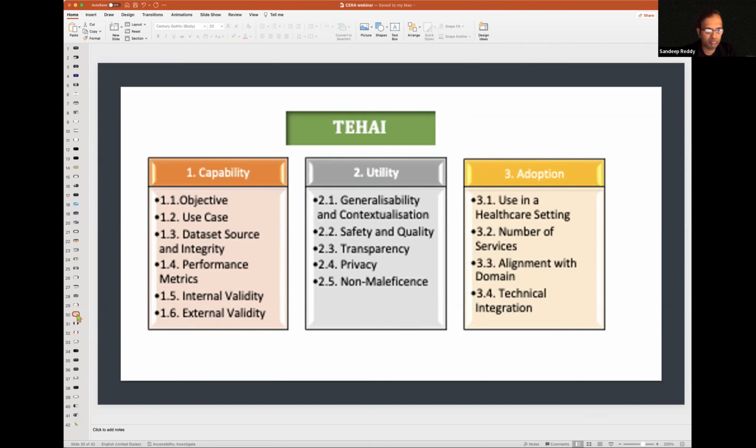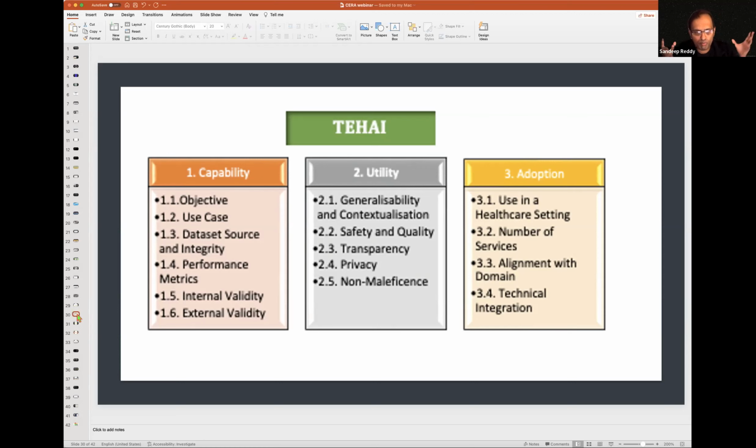It assesses whether the model works very well in terms of internal validity measures and external validity measures. And utility is really talking about the general external utility of the model, in terms of its safety and quality, transparency, privacy, and the potential harm it may cause to patients. The third one is really important and often gets ignored in other evaluation frameworks or assessment frameworks: the adoption aspect, which is how well the model actually integrates into the healthcare service.